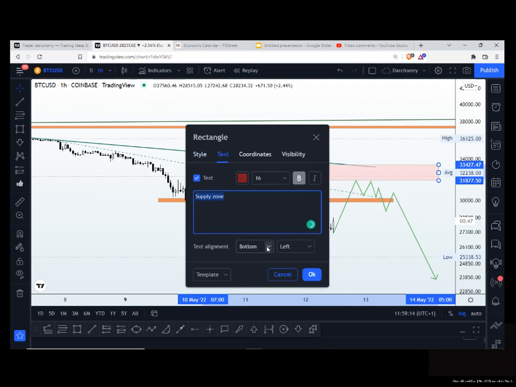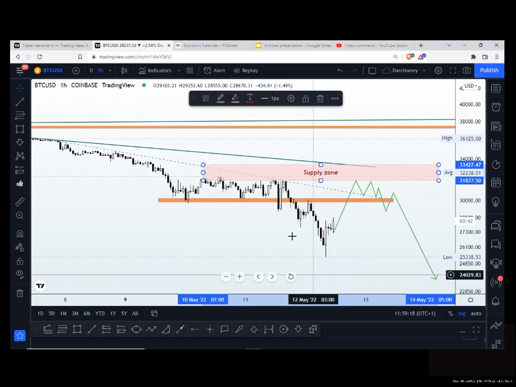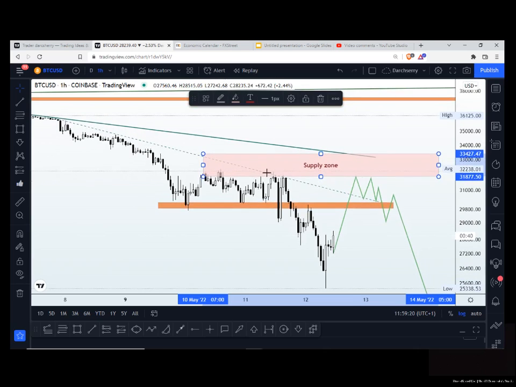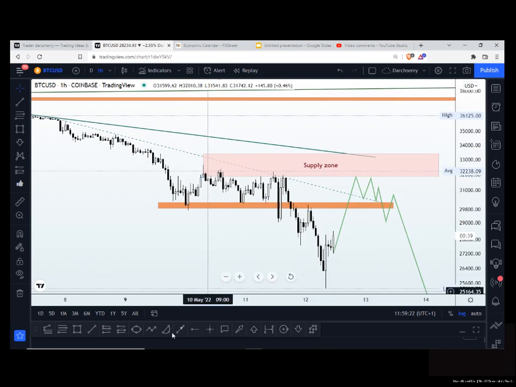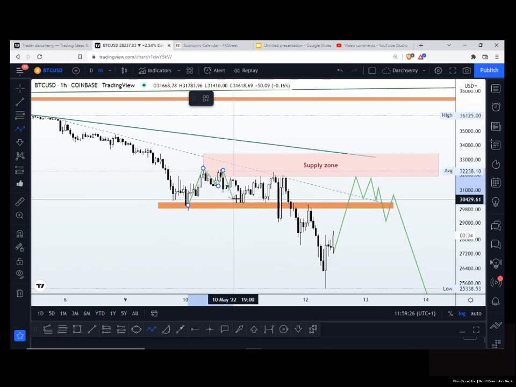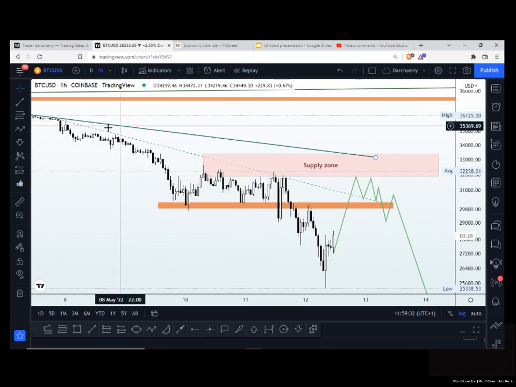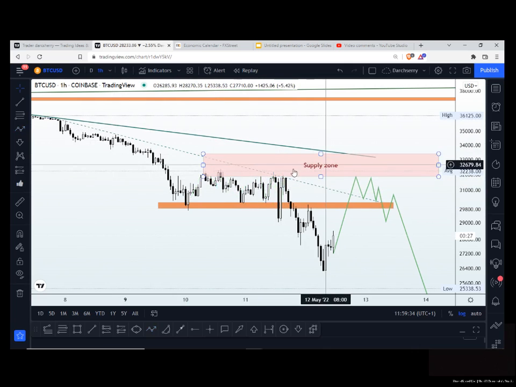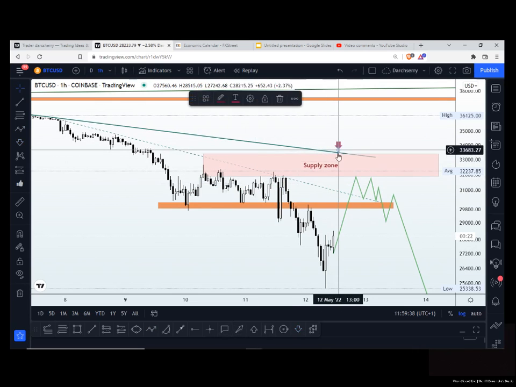We have the text right in the center of it. So we have our supply zone right here. And why is that? We have seen multiple rejections of that area since the beginning of the trading week. At the same time, that area also shares a confluence with the bearish trend line that we drew earlier on the 1 hour time frame.